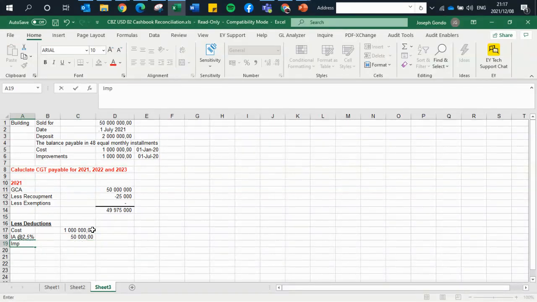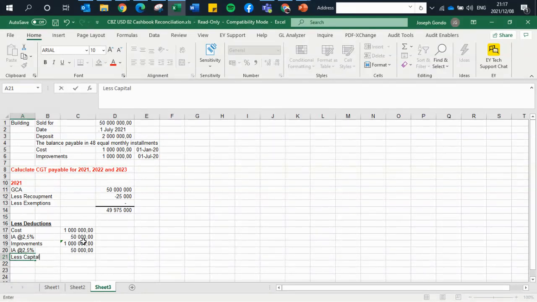Then we have improvements. Improvements again, 1 million. What about inflation allowance on the improvements? Again, it will be the 1 million multiplied by 2.5%, multiplied by 2 years.